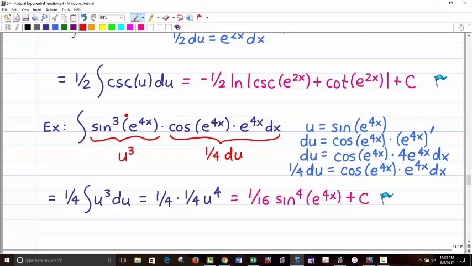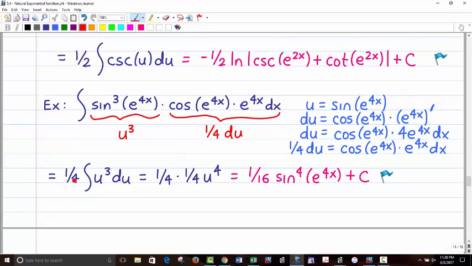The integral just becomes 1/4 the integral of u cubed du. Antiderivative of u cubed would be 1/4 u to the 4th. So the 1/4 multiplied together make 1/16. So our final answer would be 1/16 sine to the 4th of e to the 4x plus c.